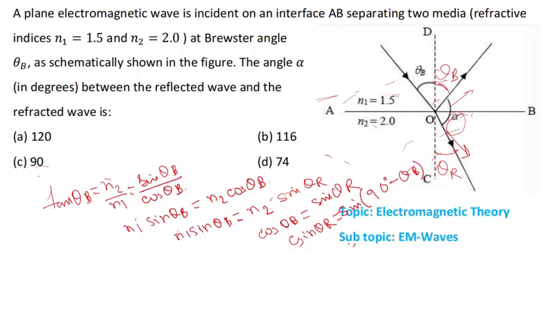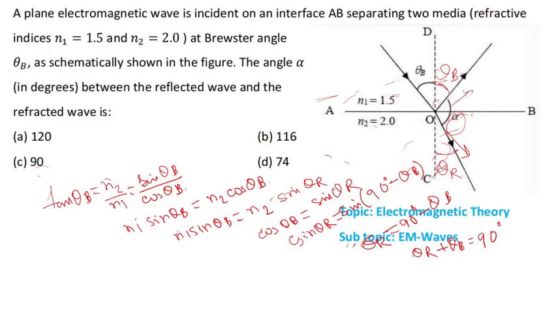So theta r is equal to 90 degrees minus theta b, or theta r plus theta b equal to 90 degrees. So from this equation we have theta b and theta r adding to 90 degrees.